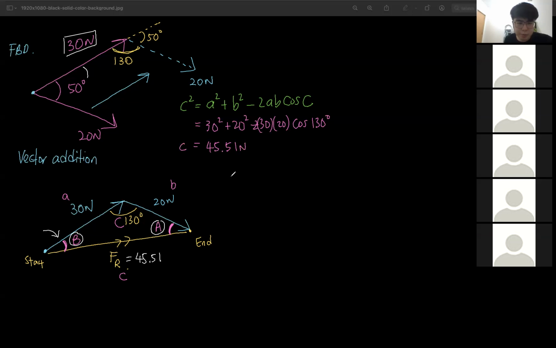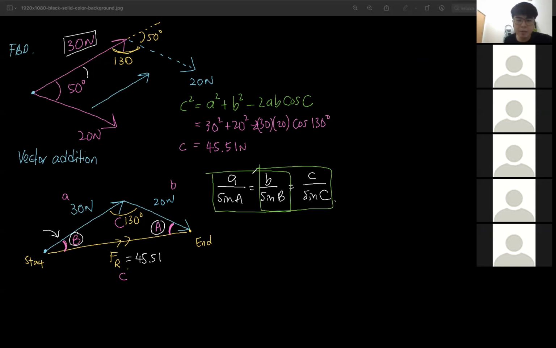So 你用你的 sine rule: A over sin A 等于 B over sin B 等于 C over sin C.